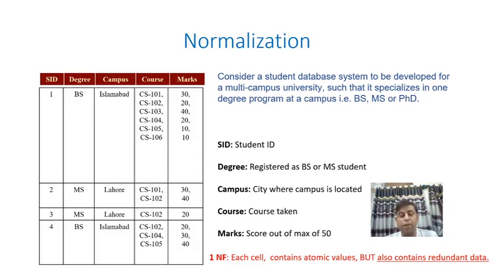In this way there are different steps of normalization, and these normal forms are cumulative, meaning they are based on one then the other. Let's say if the table is in third normal form, it means it automatically qualifies the second normal form and first normal form, and it will try for acquiring the fourth normal form.